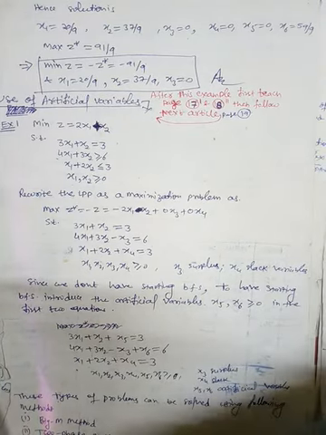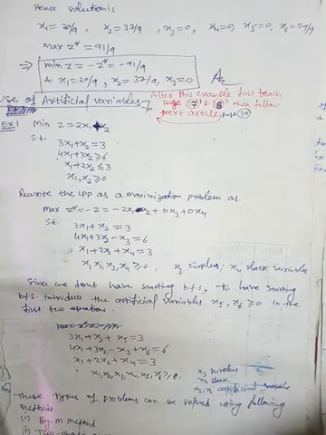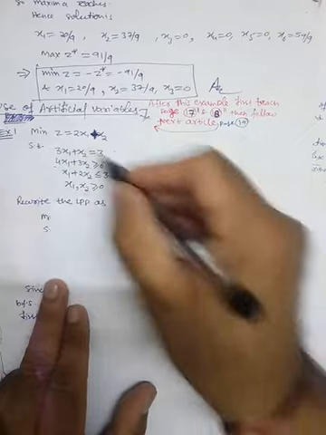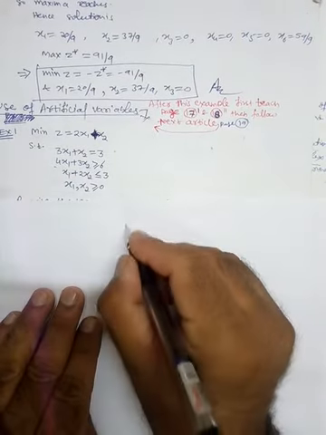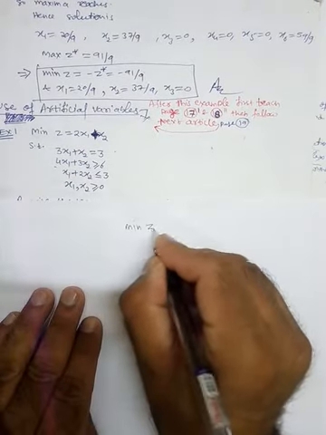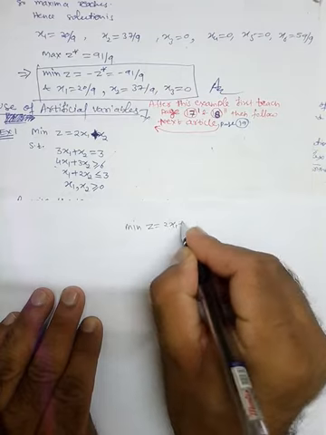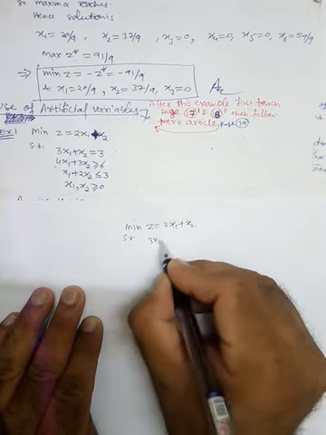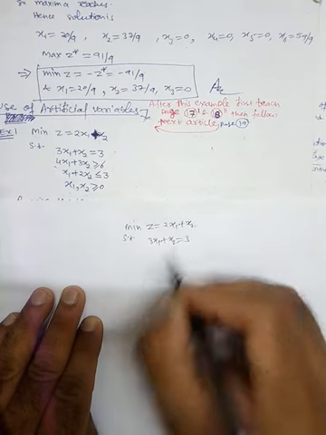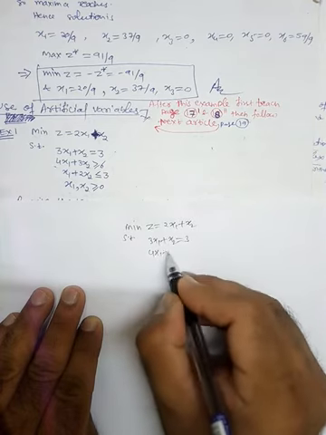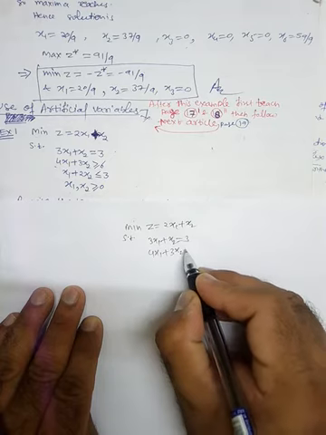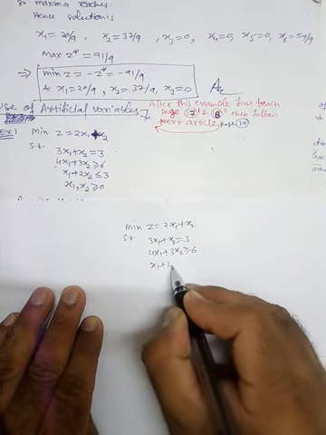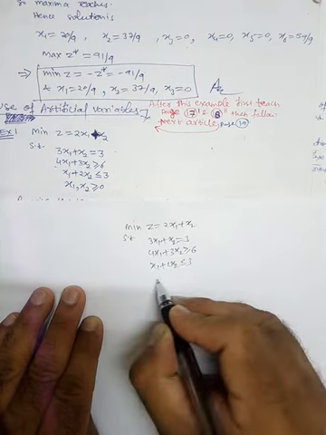To understand the problem, first add the slack and surplus variables. So we have minimize z equals 2x1 plus x2, subject to 3x1 plus x2 equal to 3, 4x1 plus 3x2 greater than or equal to 6, and x1 plus 2x2 less than or equal to 3. This is our problem.